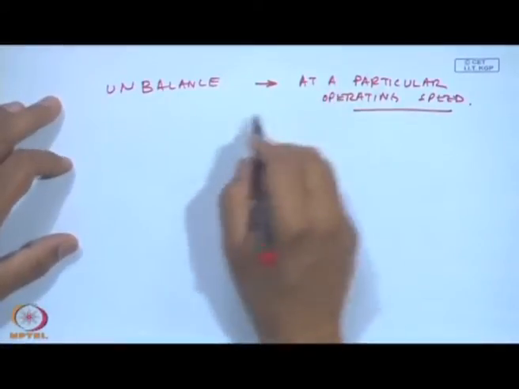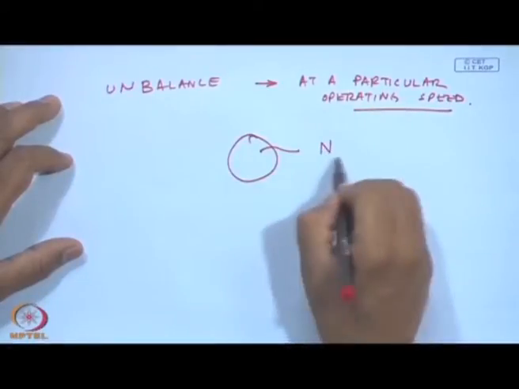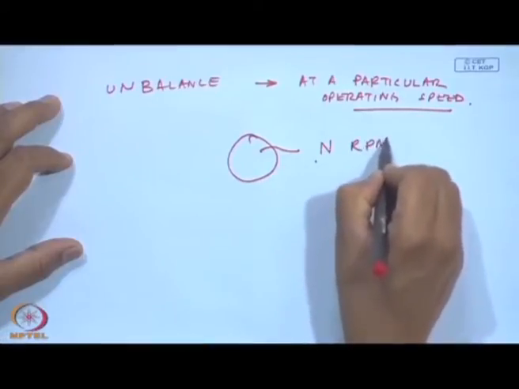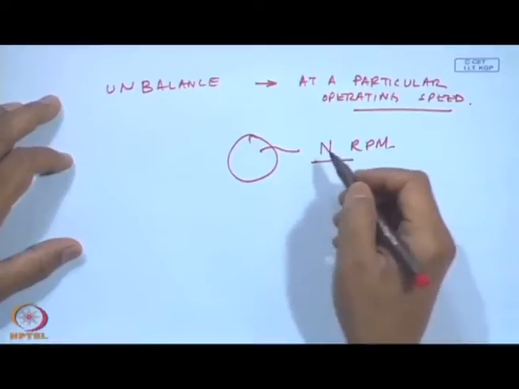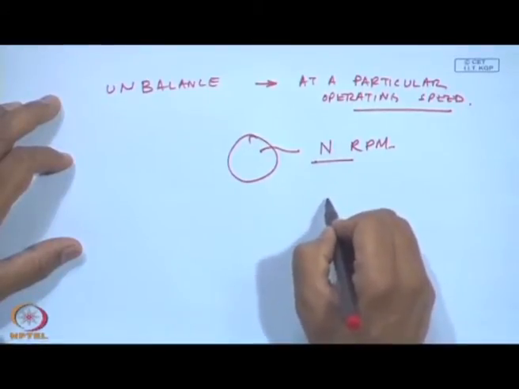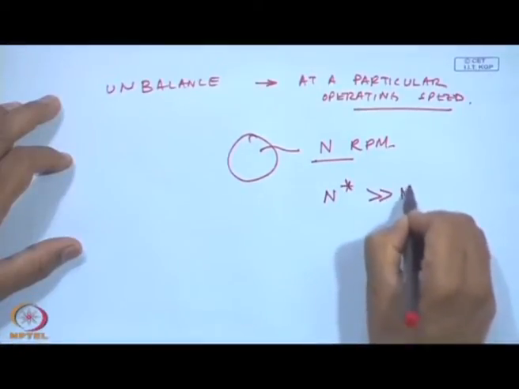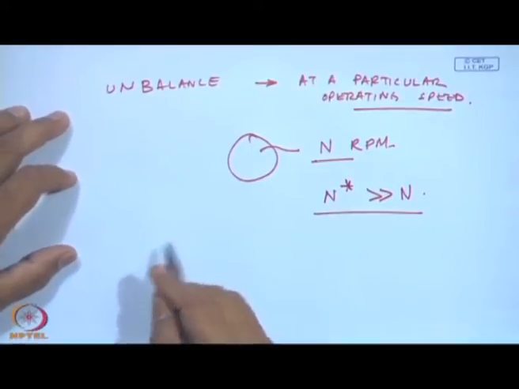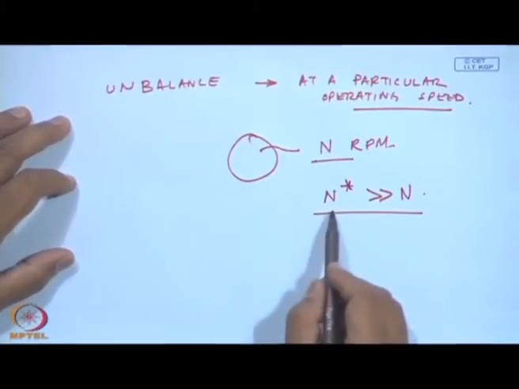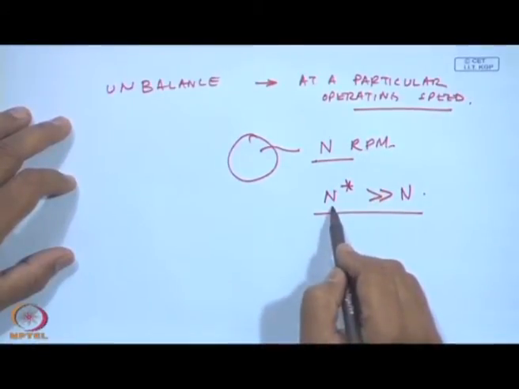If I have balanced a component at a particular speed of n RPM, obviously the amount of unbalance will get magnified if I operate it at n star, which is much higher than n, because of the omega square term. The residual unbalance which was there will get magnified if I increase the speed.